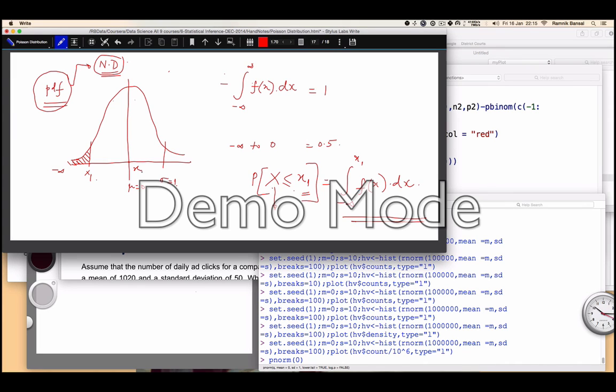If x1 is equal to 0, what is pnorm? Yeah, 1 by 2. Exactly.